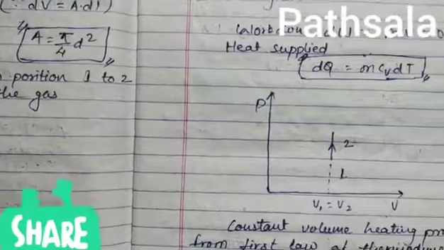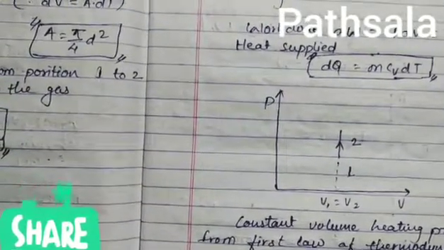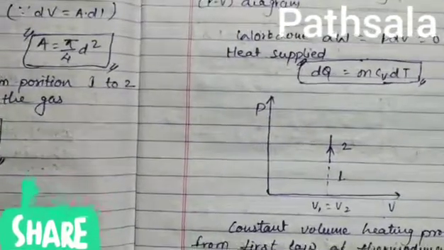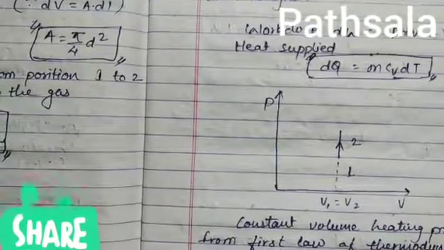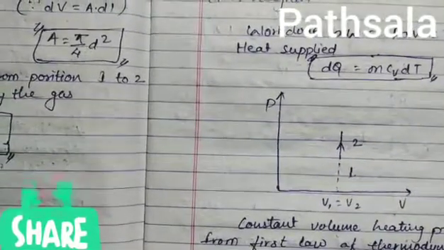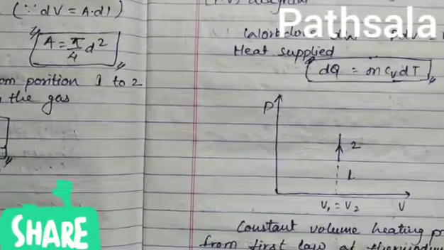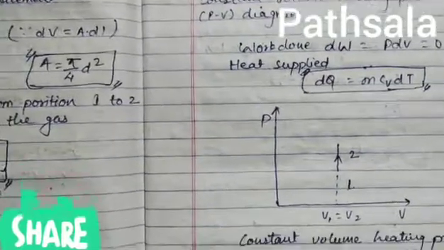Since dV is equal to 0, work done is equal to 0. Internal energy is given by m Cv delta T, so dQ is equal to m Cv delta T. In this constant volume heating process, a small change of heat transfer is equal to the change of internal energy.